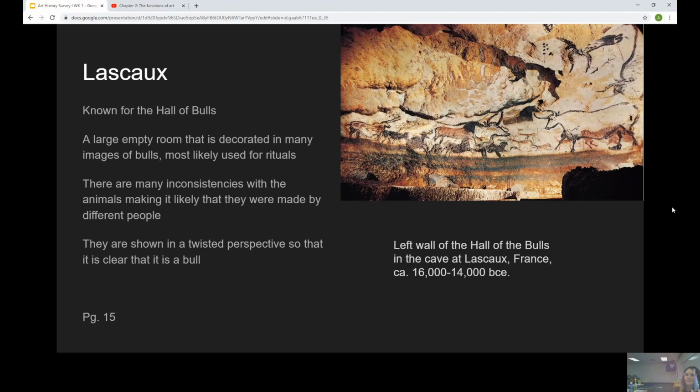So a lot of people think that these bulls would have been done for rituals because it is in a very large empty cavern space, and some objects have been found there that indicate possibility for religious rituals or rites of passage rituals of some sort, like meeting gathering areas for people for important events.